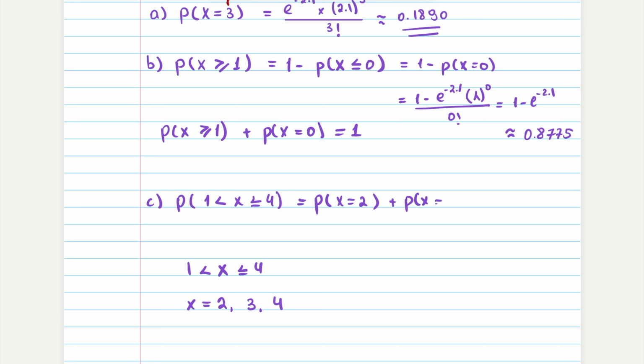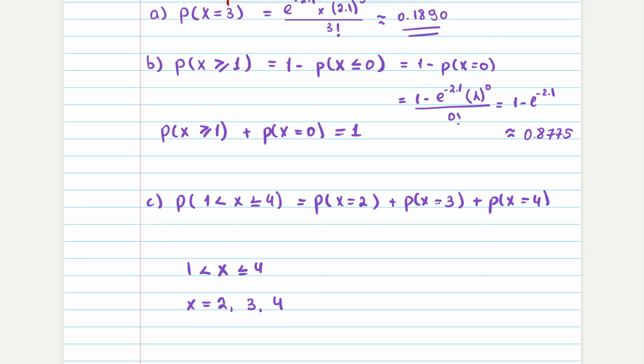I'm adding up all the probabilities because those are the scenarios in between.